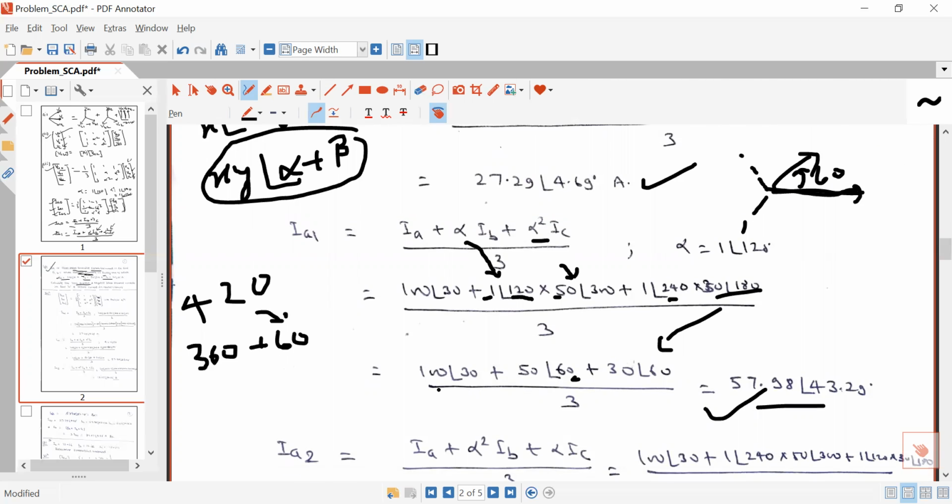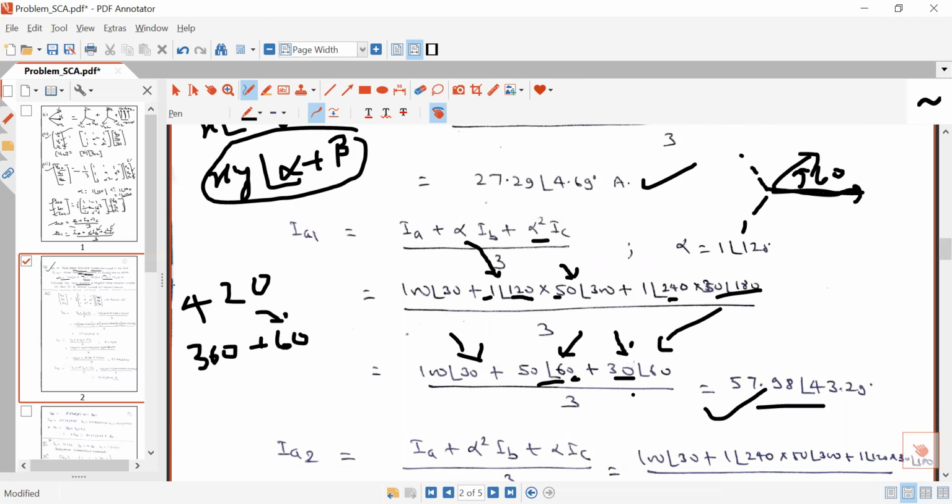You must remember when complex numbers are added, you must convert all complex numbers into rectangular form. So you have to convert here into rectangular form. You have to write 100 angle 30 equal to 100 cos 30 plus j 100 sin 30. Similarly, you have to convert this into rectangular form, and this into rectangular form.